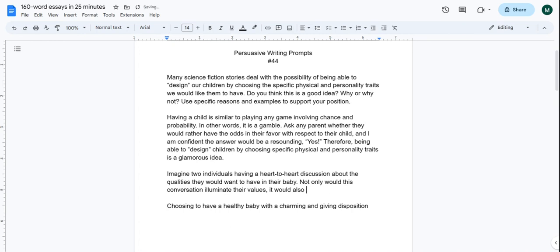Not only would this conversation illuminate their values, it would also require compromise.